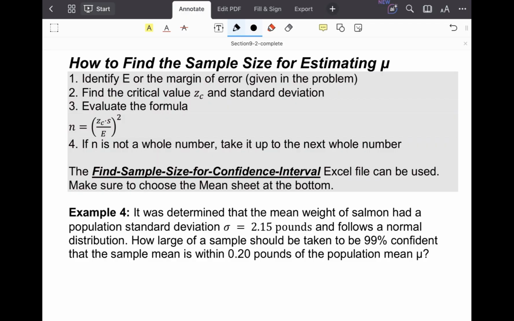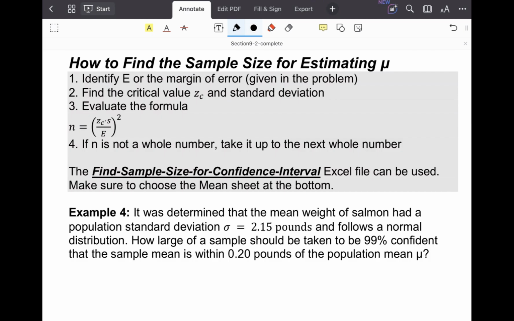In your confidence interval, you would use a t critical value. I guess the reason why we can't use a t critical value is because it does change based on the sample size itself. And because of it changing based on the sample size, you would compute something, but then it would change the critical value.